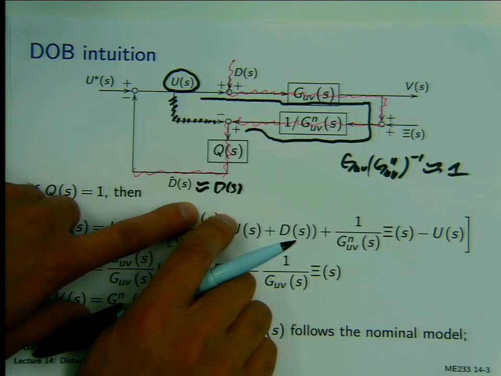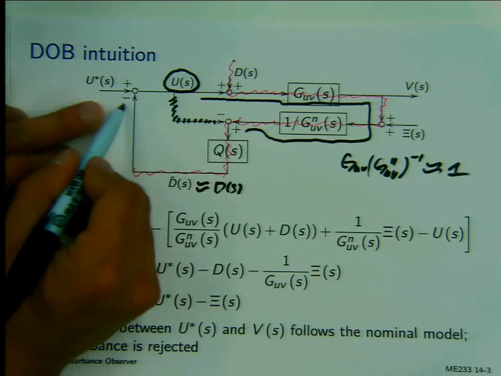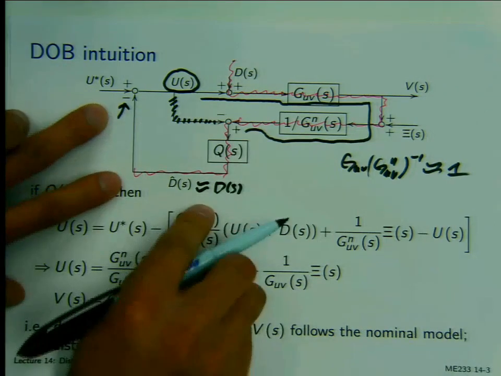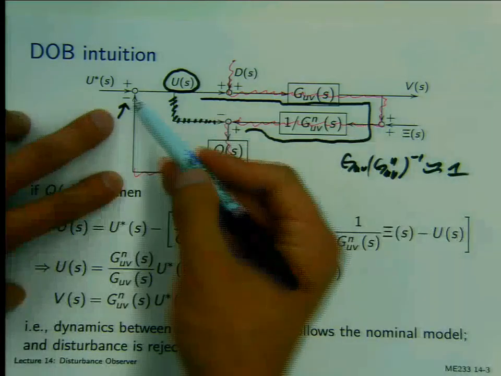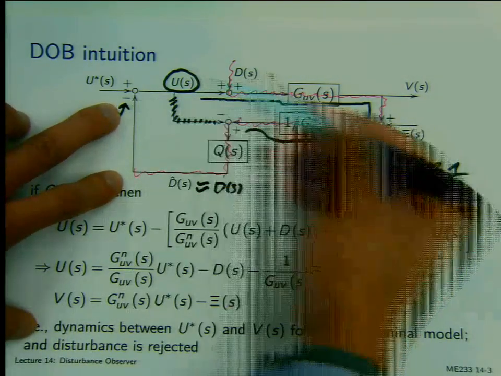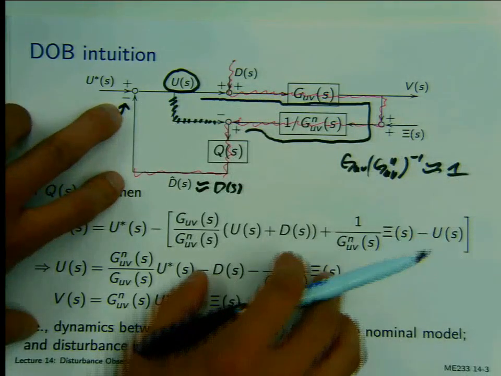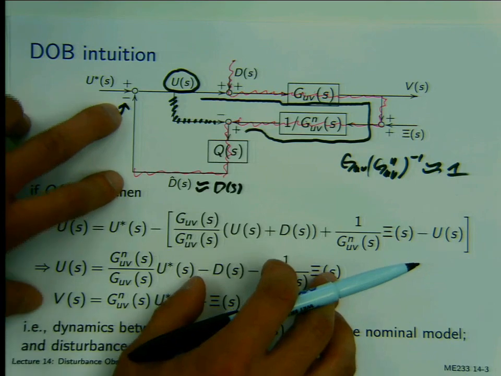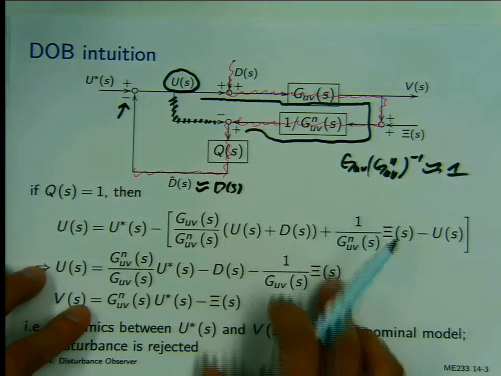And then look at this minus sign. Pay attention to this minus sign here. I have some estimate of the disturbance, and I have a minus sign here. This guy is going to cancel the actual disturbance through this construction of the block diagram. Any questions? That's the intuition. Okay?